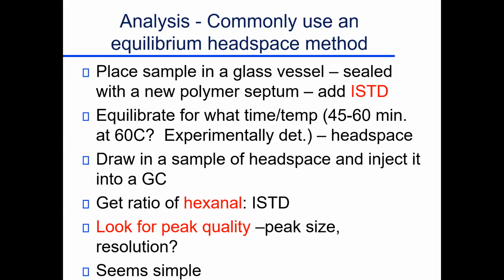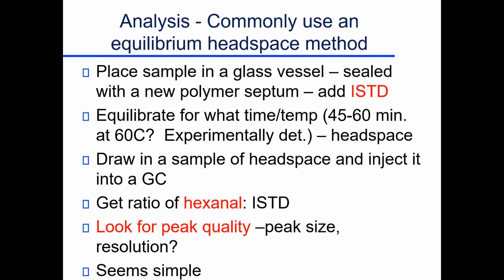Then equilibrate at some time and temperature, that may be 60 degrees centigrade, for example, maybe 45 to 60 minutes at that temperature. That gives you time for any oxidation products in that isolate to come into the headspace and come to equilibrium. And then you simply draw off some of that headspace and analyze it by gas chromatograph.